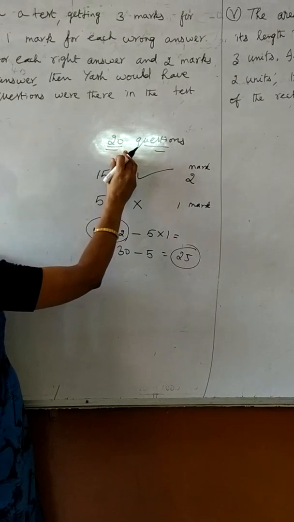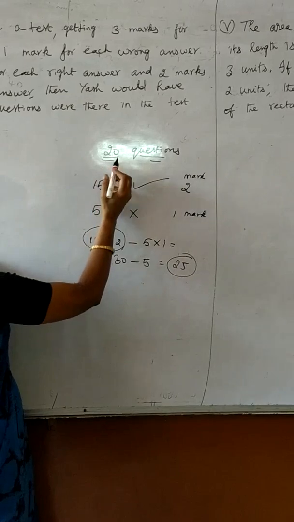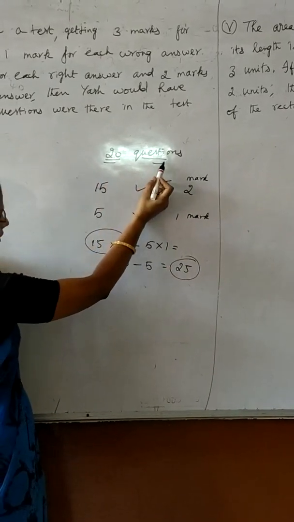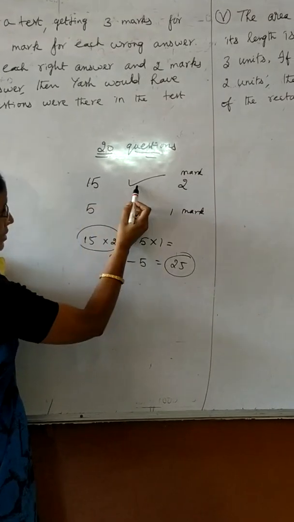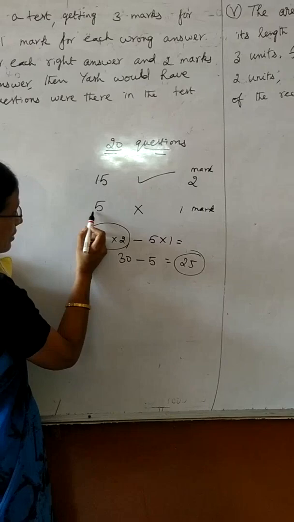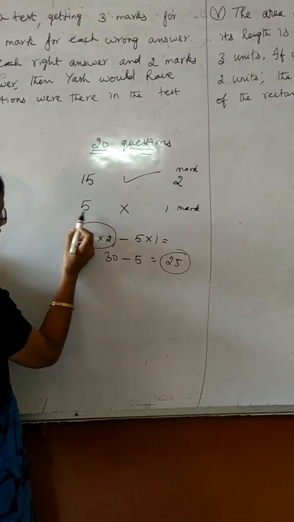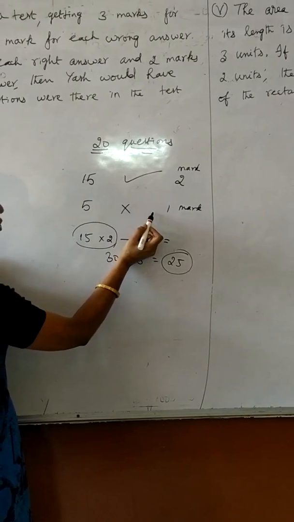So remember, what I am explaining is only an example, not the given problem. In the example, 20 questions are there. 15 questions you have answered correctly, and for each correct answer, 2 marks is allotted. And 5 questions are wrong. For each wrong answer, 1 mark is subtracted. So what will be your score in the test?